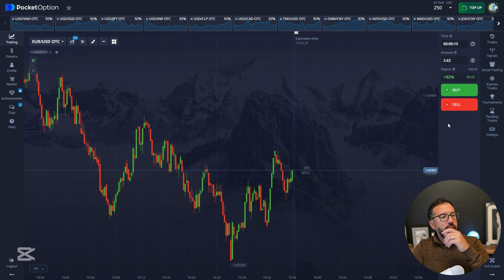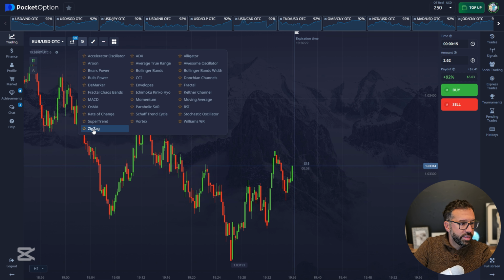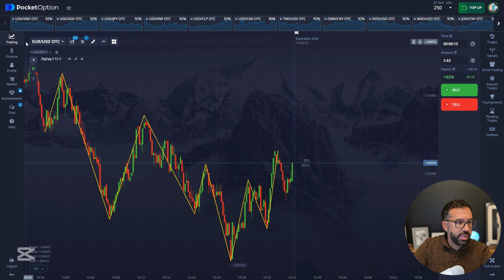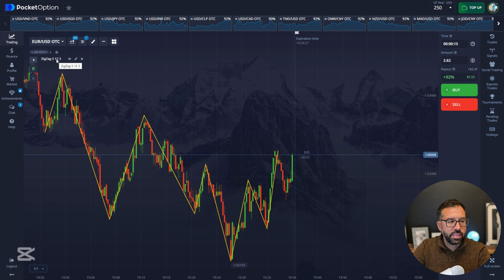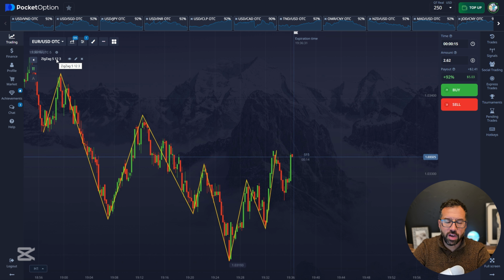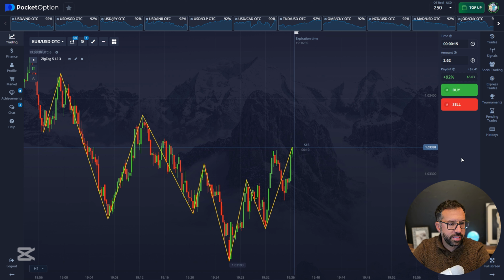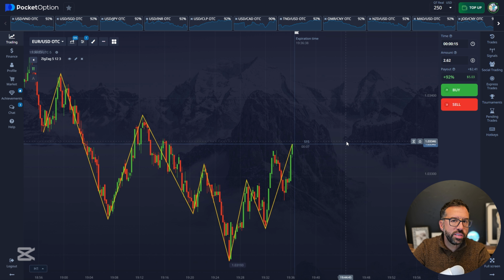Okay. Now the indicator. The simple zigzag strategy that we are not going to change these. The system that Pocket Option sets up works just fine. So we're going to go ahead and trade with this. There's a couple ways to use the zigzag strategy.